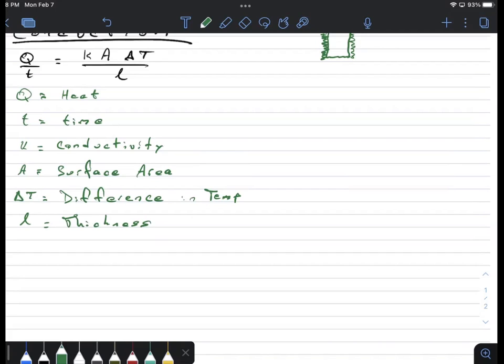And what we found was, generally speaking, we'll have some piece of material, with a temperature on one side but a different temperature on the other. And we know information about the material, we know its conductivity, we know how big it is, and maybe we want to calculate the heat flow rate. Or another thing we may want to find out is if we wait 2 hours, how much heat will have flowed through the material.